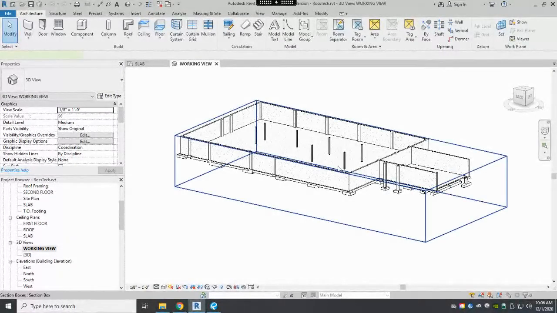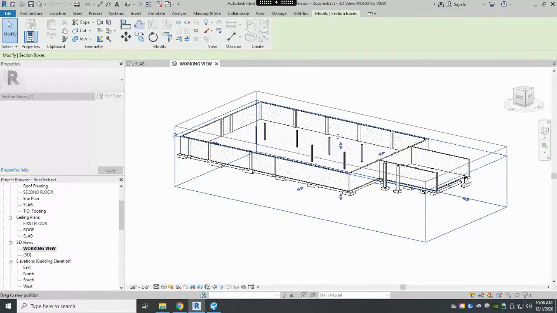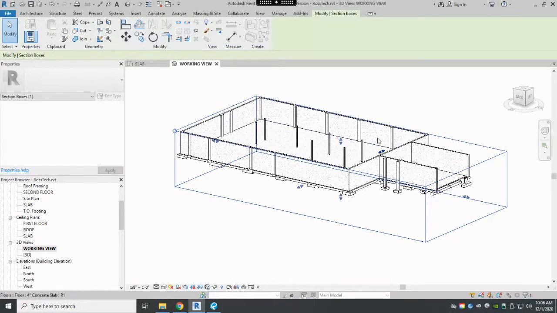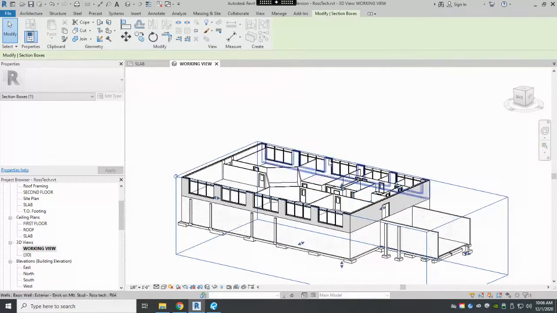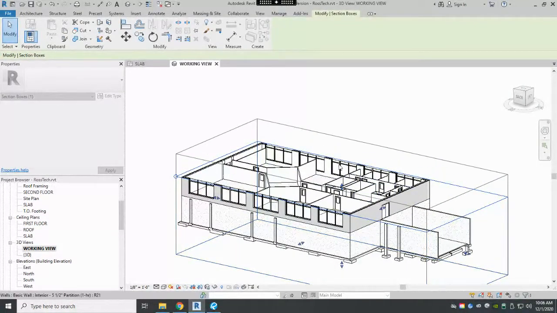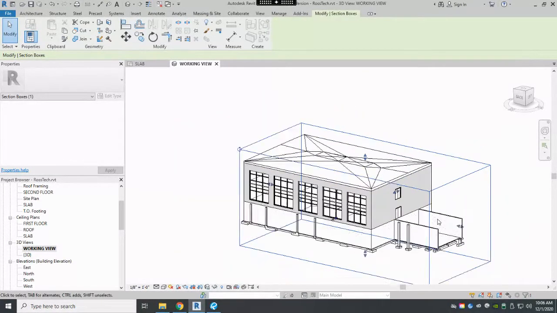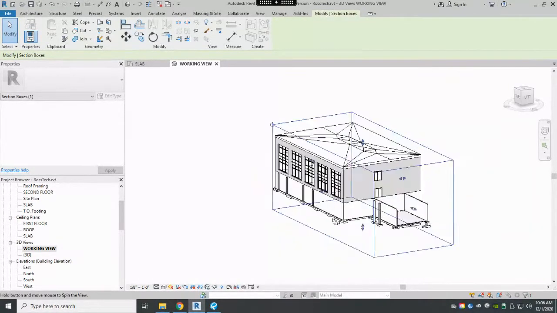And if we bring this up a little bit further, you can see there's the first floor. So that's holding up the first floor. We've got our first floor layout. I don't have the structural framing in here yet, but it just gives you an idea of how it's all holding up all that structure.